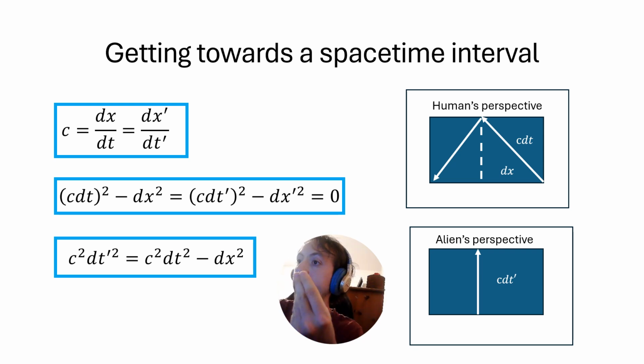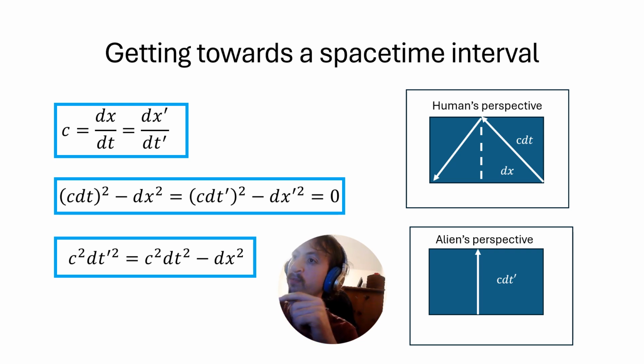However, if we consider, say, a rival alien on a third train, moving relative to the alien's train, and we ask about space-time intervals between events that happened on that third train from the human's and the alien's perspectives, then the space-time interval for both perspectives would have to include spatial distance terms.